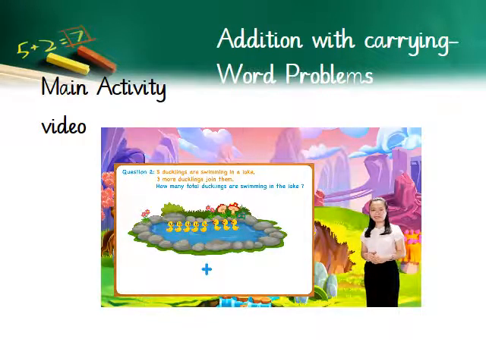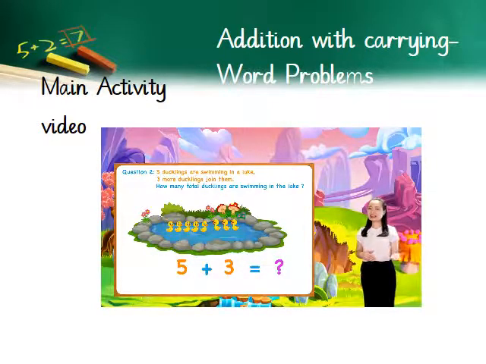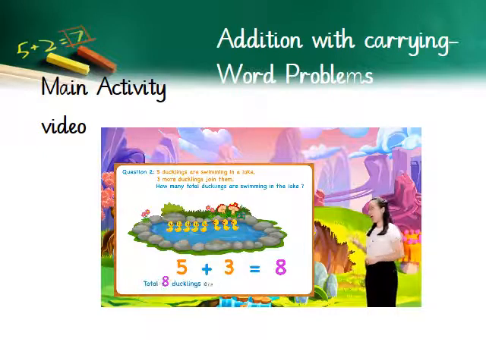We add 5 and 3 to find the total number of ducklings swimming in the lake. So, 5 plus 3 equals 8. We conclude total 8 ducklings are swimming in the lake.